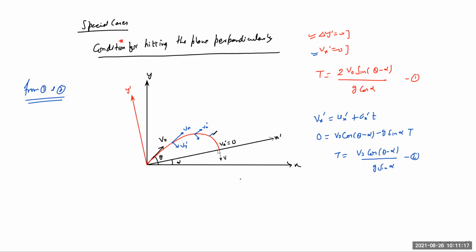The idea is that this is reducing now, and on coming to this point, this becomes exactly zero. I have not drawn it properly. The idea is that instead of resolving along x and y, we are resolving along x dash and y dash. And the moment you reach here, the x dash component reduces to zero. It does not mean it's moving in this direction; it is moving, of course, along the path which we have shown.